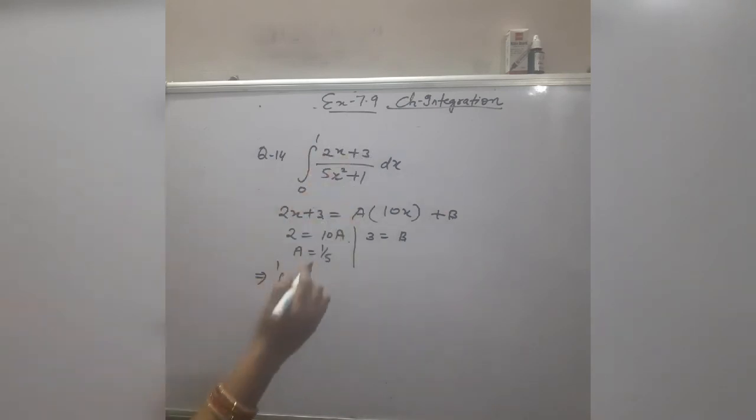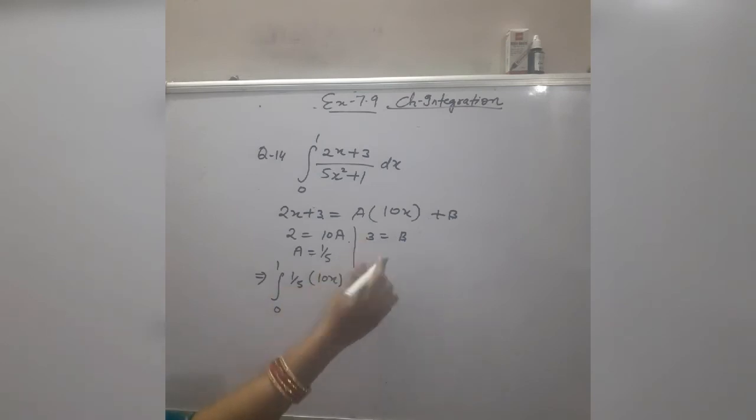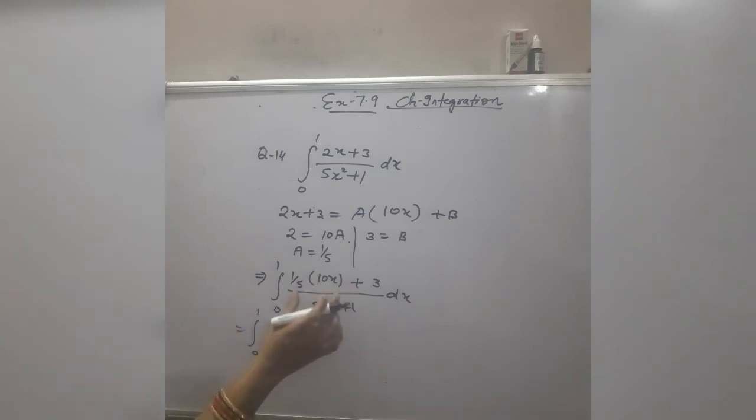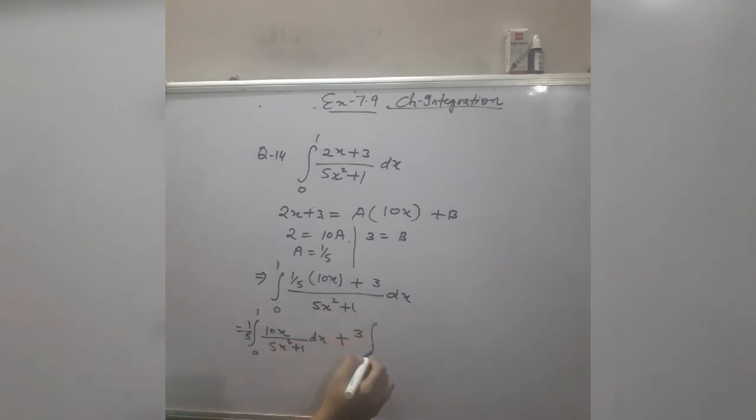This 2x plus 3 can be written as 1 by 5 into 10x plus 3, divided by 5x square plus 1. Taking 5x square plus 1 separately with these two terms, with 1 by 5 common, we get 10x divided by 5x square plus 1. This is one integration, and in the second integration we can take 3 common, then it becomes 1 over 5x square plus 1 into dx, with limits 0 to 1.